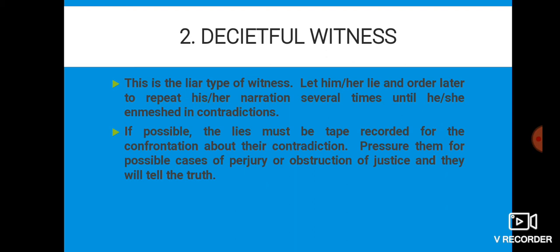For example, I am a police officer and I am interrogating or investigating a crime with this deceitful witness.